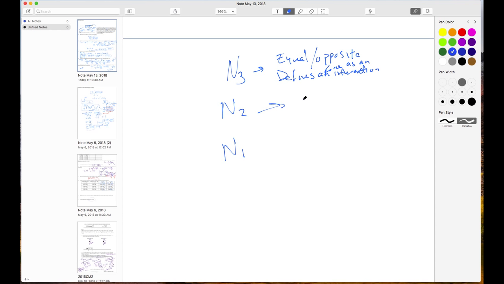And the second law, which defines the size of that interaction, as a vector equation.